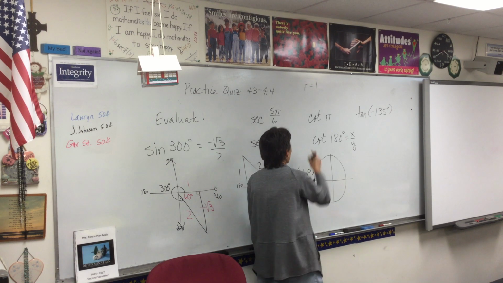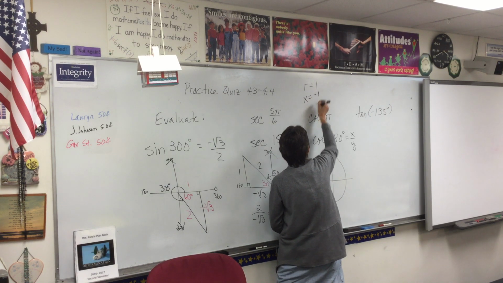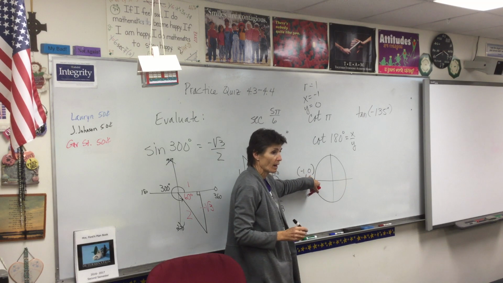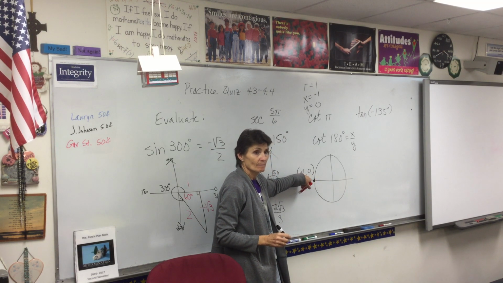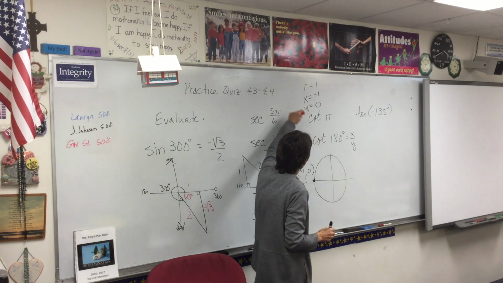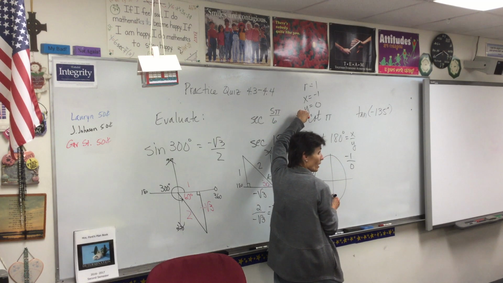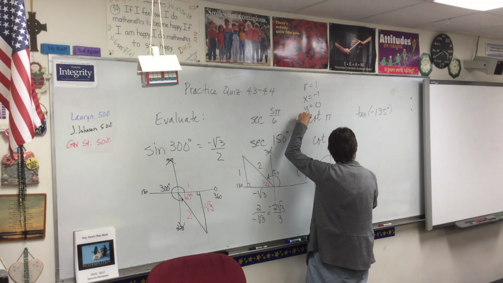That means x is negative 1 and y is 0. That point, that's your x and your y, always. So I want x over y, so x over y will be negative 1 over 0, undefined.